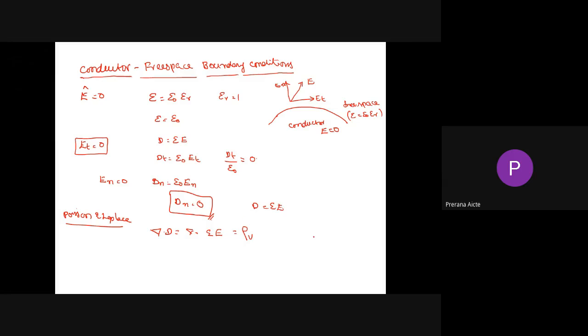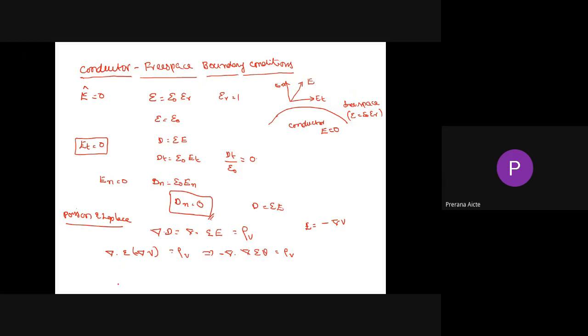Now the electric field intensity in terms of potential is E equals minus del V. Substituting this E value in the equation, we get del dot epsilon into del V with a minus sign, equal to rho V. Del dot del is del square.